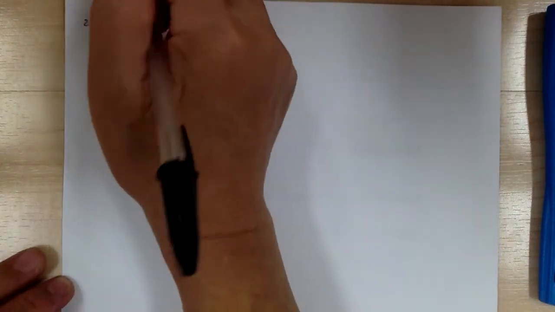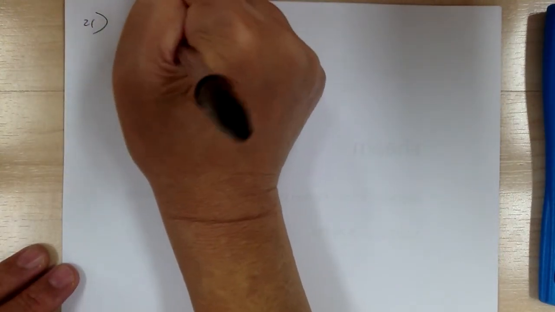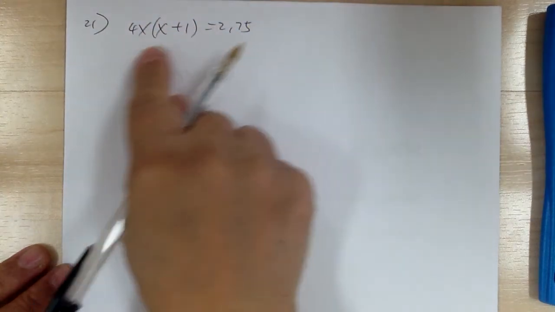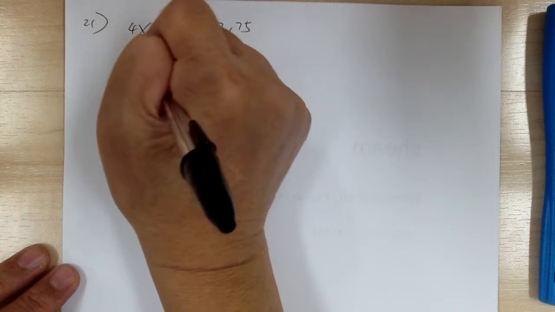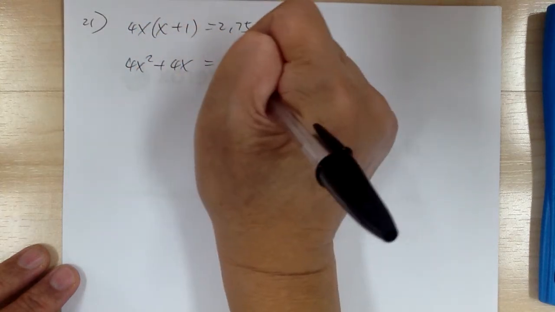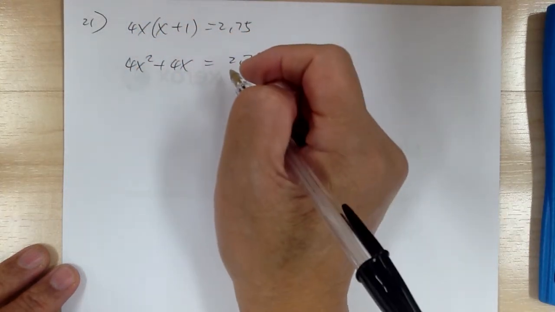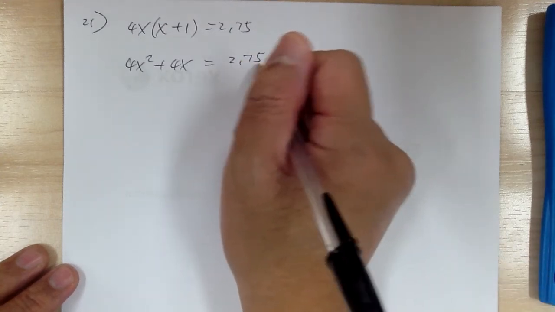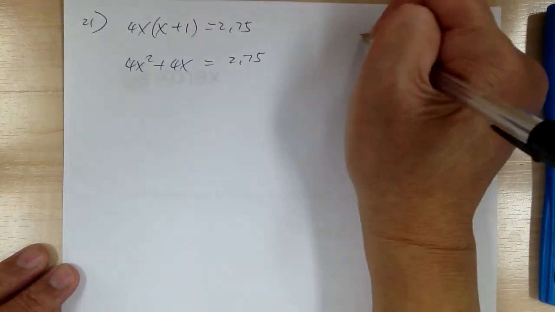Okay, let's go to 21. You got 4x times x plus 1 equal to 2.75. Okay, so we're going to distribute. So you got 4x squared plus 4x equal to 2.75. And I'm going to convert this into a fraction. So go up to the side.